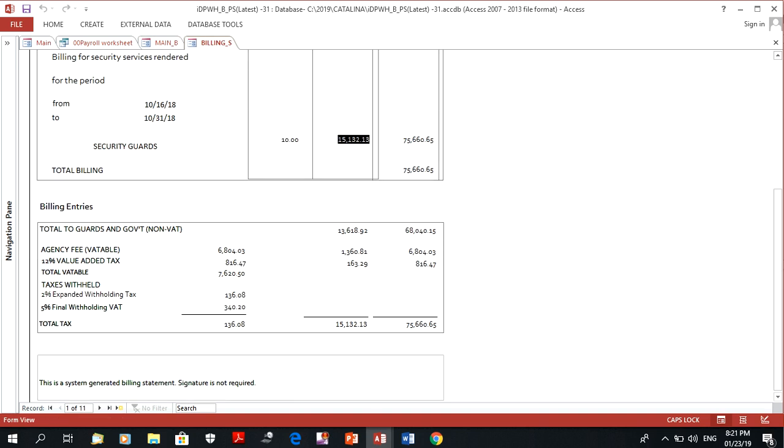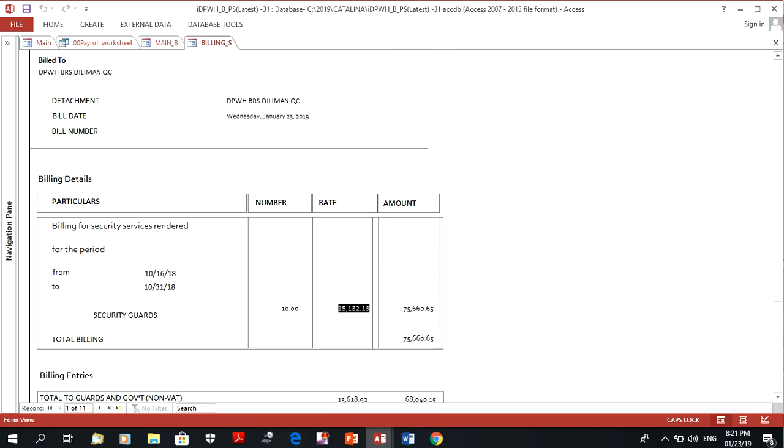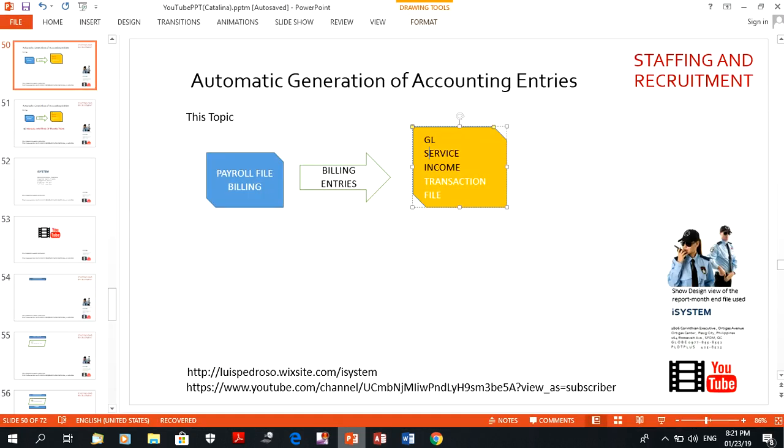You have 1, 2, 3, and 4: 68040, 6804, 816, and 75660. Your entries should be debit AR, credit salaries payable, credit agency fee, and credit output tax. We will go into the particulars later on, but for now, briefly, that's what we are doing here. Those billing entries coming from the payroll file should be transferred to the GL.